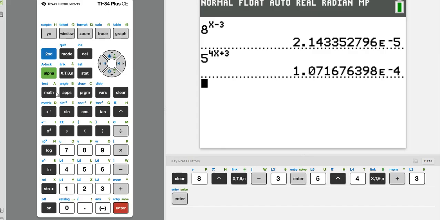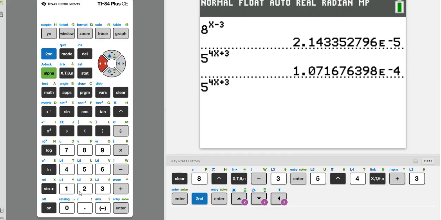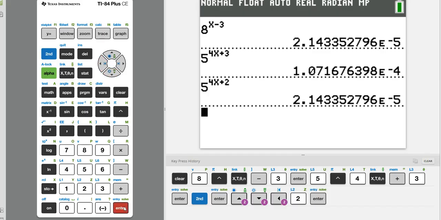Oh, it's because it should be 4x plus 2. All right, so let me go back there and make that a 2. I was all cocky for a second, and then, boy, I felt deflated when I saw the wrong number come up. There we go, 4x plus 2. So you're getting the same thing on both sides, so you know you got it right, which is totally cool.